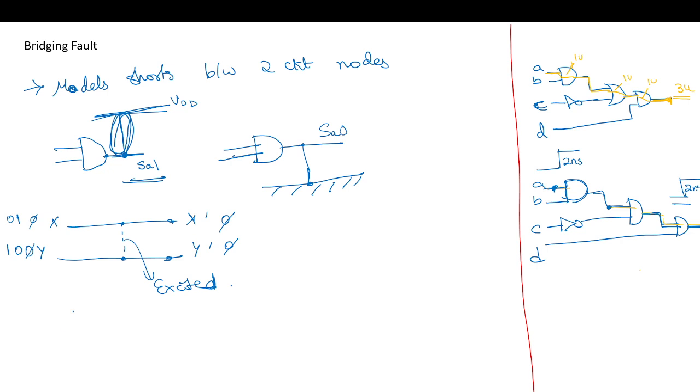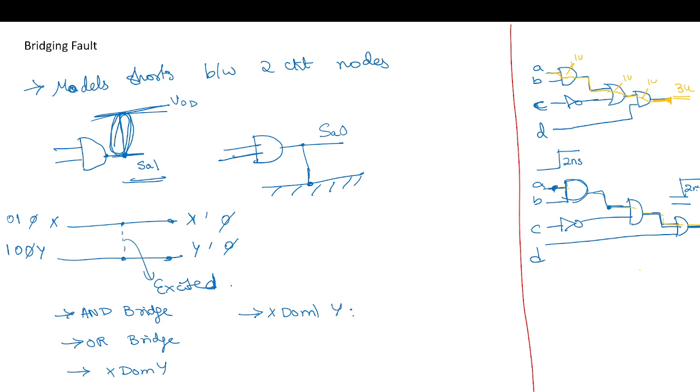There are a few types of bridging faults: AND bridge, OR bridge, and X dominating Y type of bridge.